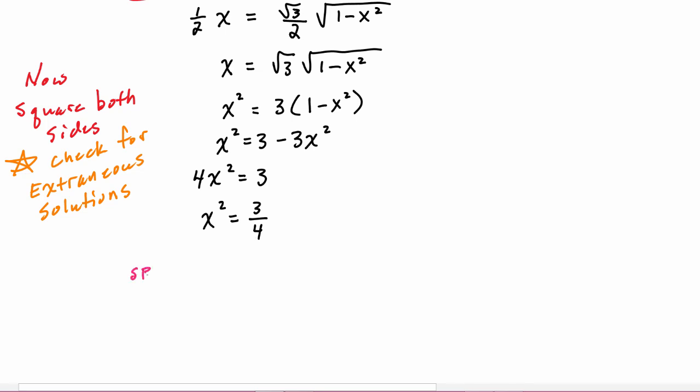Using the square roots property, we get that x will be plus or minus the square root of 3/4, which means that x will be plus or minus radical 3 over 2.